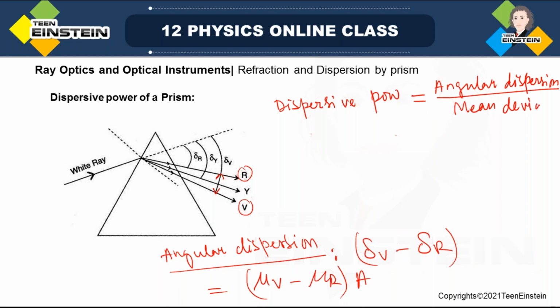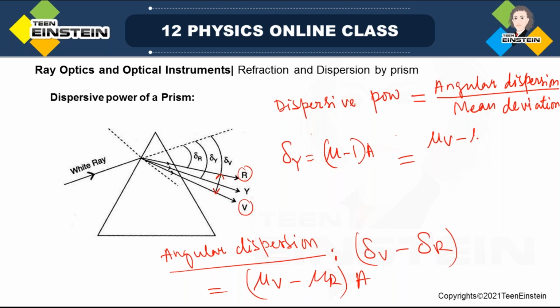What is mean deviation? Mean deviation was delta Y, that is mu minus 1 into A. Mean deviation is the angle of deviation for the mean color, that is yellow, which we have taken as this one.